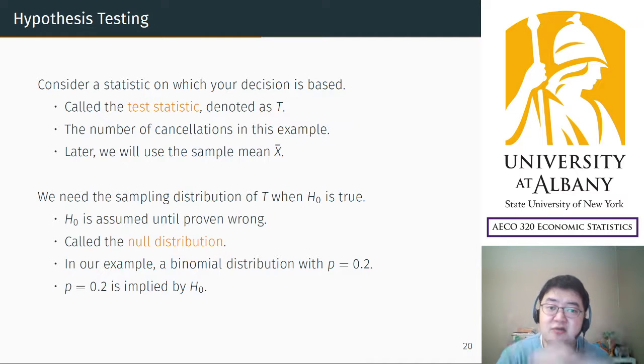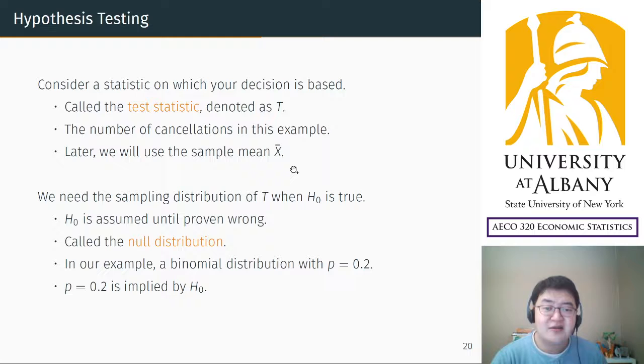So that's the process of our previous example. That can be interpreted as the test statistic being the number of cancellations. And in our later examples, we are going to use the sample mean again. So don't think about it too seriously.